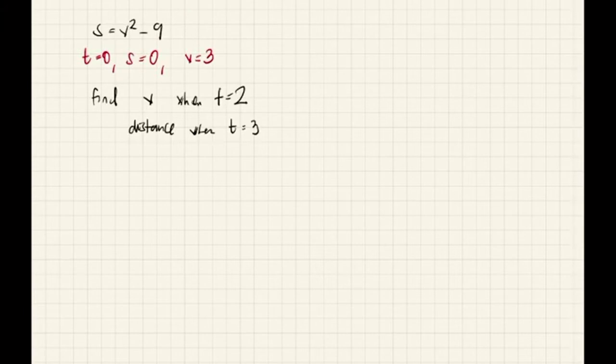Yung v, I think that can be written as ds over dt. Yan, ito ang mapupuntahan natin. s equals (ds over dt) squared minus 9. Pero pwede mong sabihin na parang ang hirap naman i-integrate niyan, di ba? Parang medyo iba. But anyway, I think kaya yan. Okay? Sandali lang.